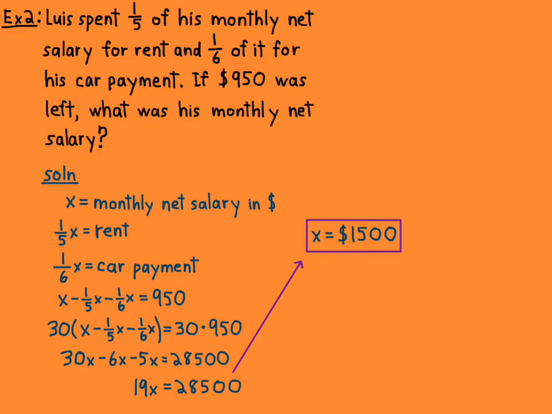Don't make that assumption. Okay, so now I'm going to check that in the original problem, and it's pretty easy to check. It's pretty intuitive. So Lewis spent 1/5 of his monthly net salary for rent. So how much did he spend for rent? 1/5 of this, $300. So I would just write down $300 as the rent.